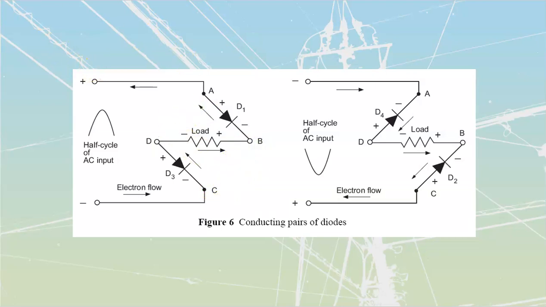But it's showing that, look, when we've got a positive over here, I'm going to have a positive here. This is going to be forward biased. This one will be forward biased, and I would be able to pass my current through here in that direction. And then it shows that, look, when I go into the next half cycle of my AC, where I alternate, I'm going to have this one that is going to be forward biased, and this one that's going to be forward biased, and I'm going to be able to pass my current through to there.